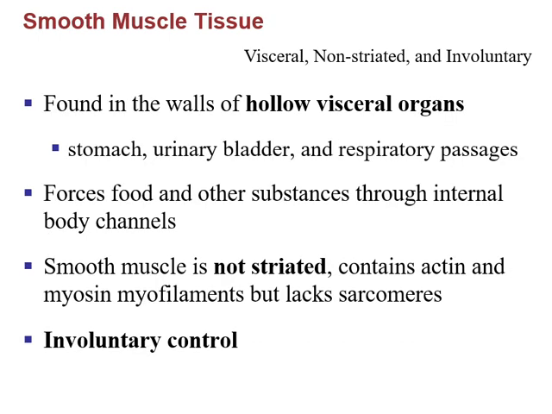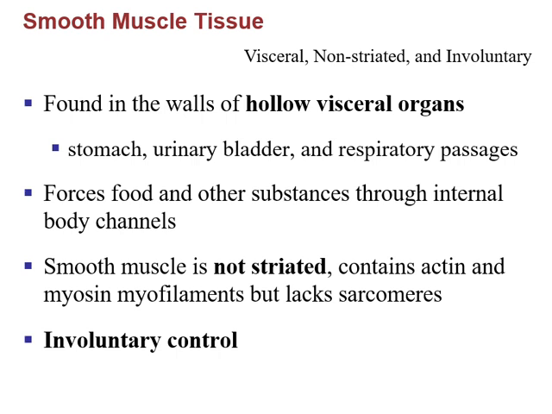And then we have smooth muscle, which is found in hollow organs, so it's known as a visceral muscle tissue. It has no striations and is involuntarily controlled. Some examples of hollow organs include the stomach, urinary bladder, and respiratory passages. What smooth muscle does is force food and other substances through internal body channels.